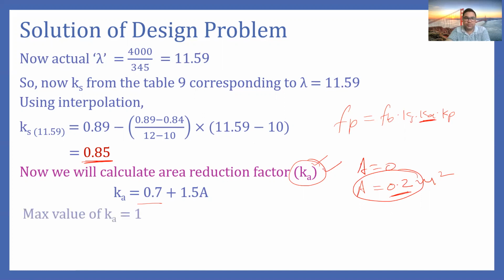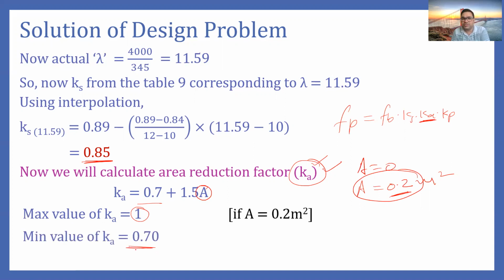So you can see here the maximum value of Ka is 1. If we put 0.2 in place of A, Ka becomes 1. If we put A equal to 0, then the minimum value of Ka becomes 0.7. So right now we know the maximum value and the minimum value.